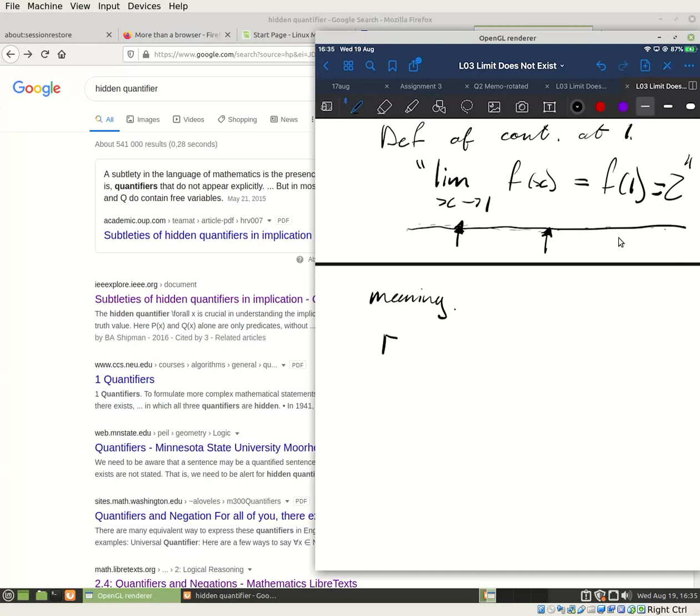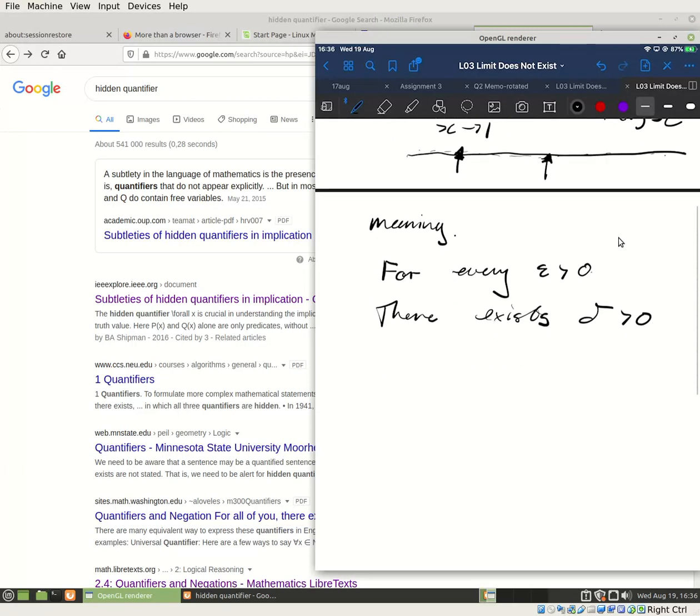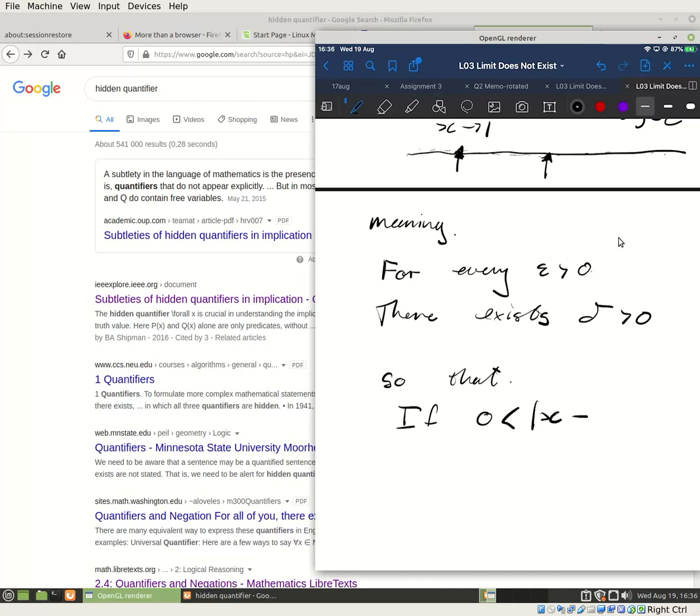That is, for every epsilon greater than 0, there exists a delta greater than 0, so that if x is within a delta distance of 1, then f of x is within an epsilon distance of 2.